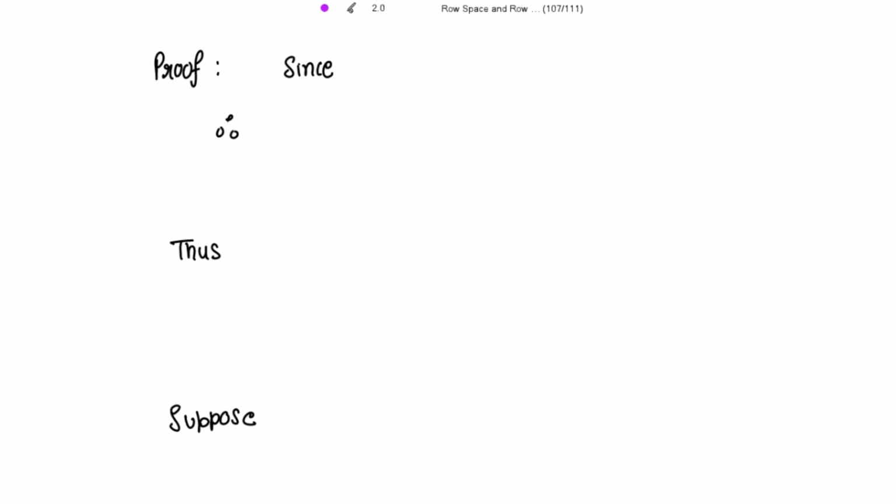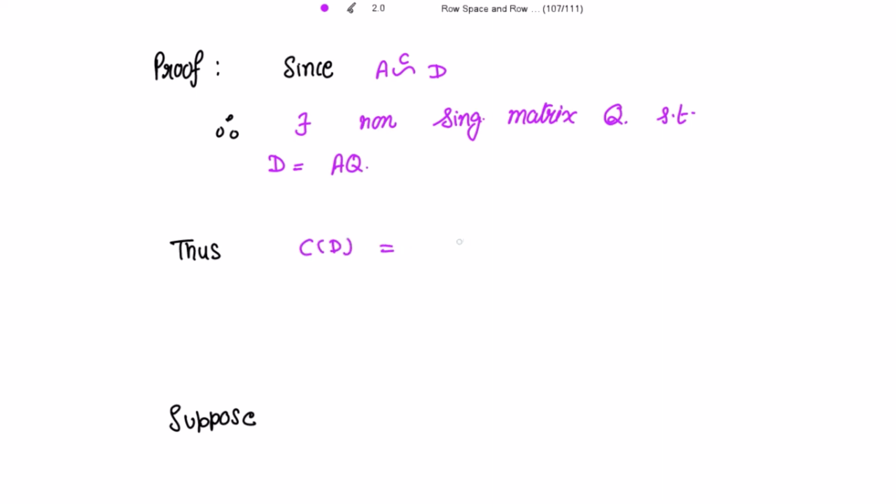Since it is given that D is column equivalent to A, D is obtained from A by applying column operations. Therefore, there exists a non-singular matrix, say Q, such that D is equal to AQ. Thus, the column space of D is equal to the column space of AQ.